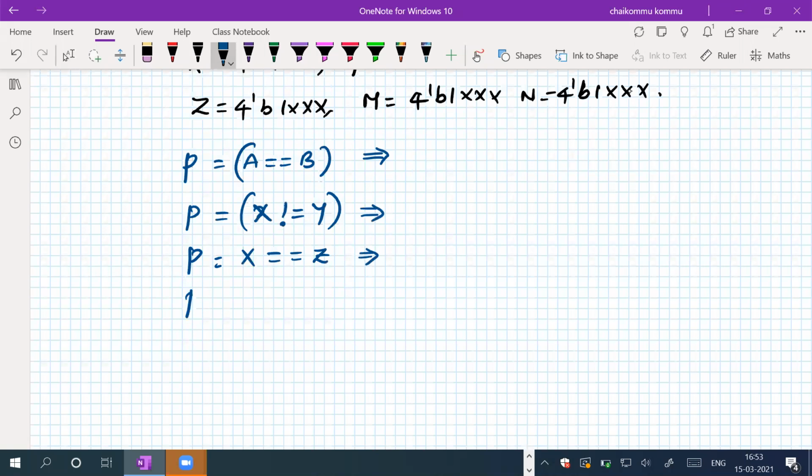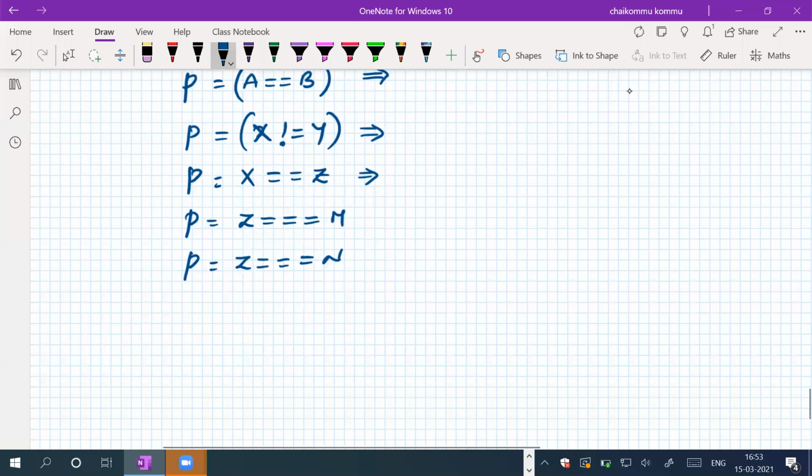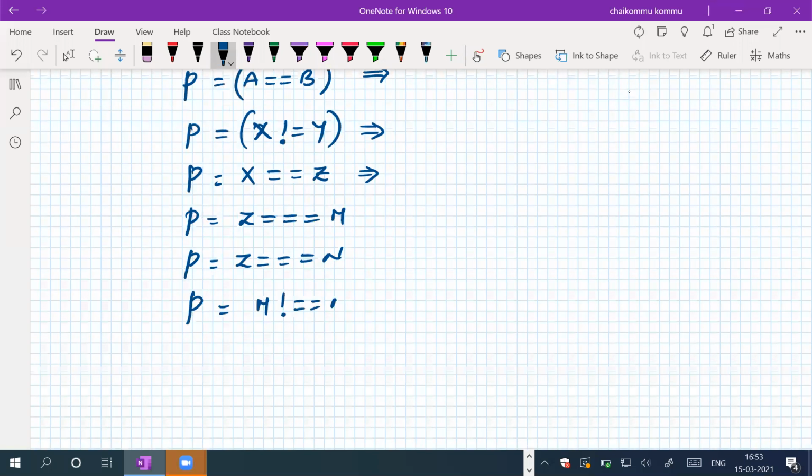Next, P is equal to Z equal to M, for example, and P is equal to Z equal to N, and P is equal to M not equal to N. Okay, so this is what I want to calculate from this data.